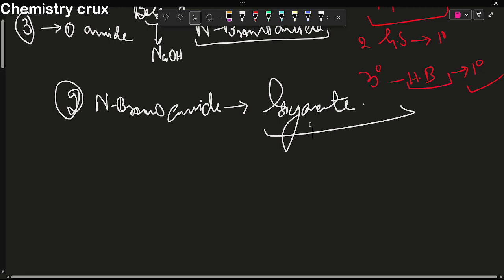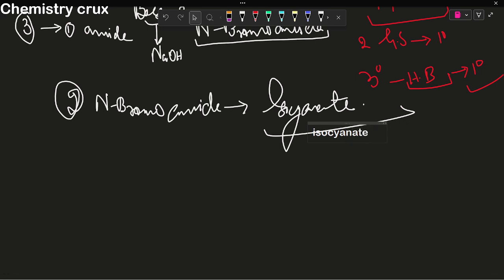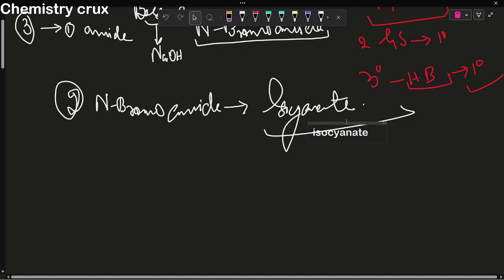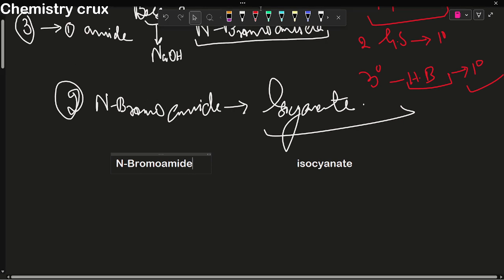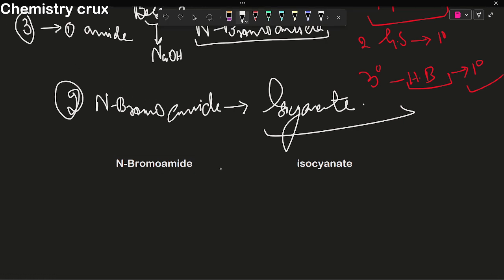Let me write it here: isocyanate. This is what we get as a product from the N-bromoamide. This is the second step.